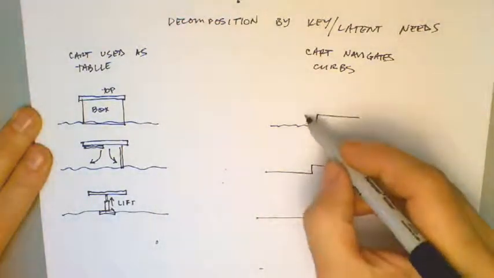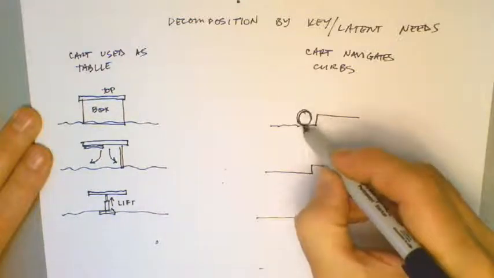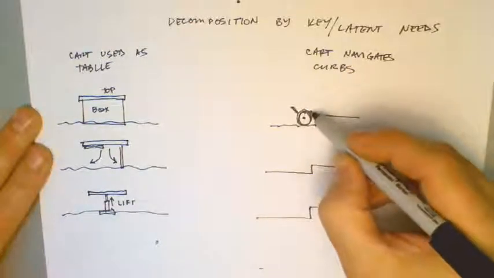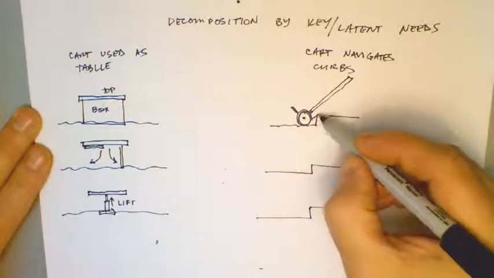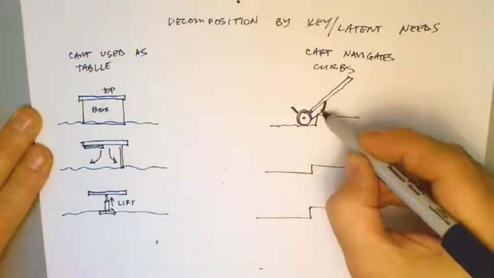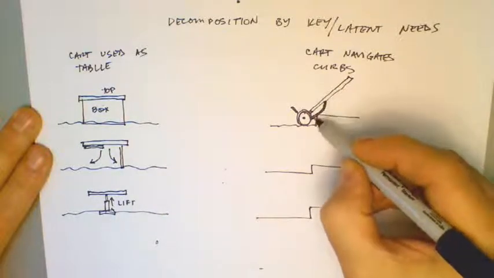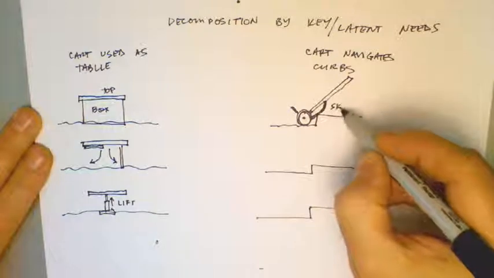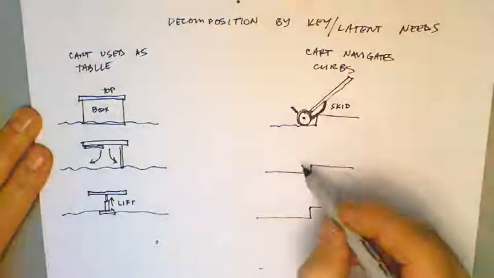And one way might be, if you think about the way commercial hand trucks work, they often have a kind of a skid, a structural element that sometimes has a piece of plastic on it to make it low friction. So it's a skid.